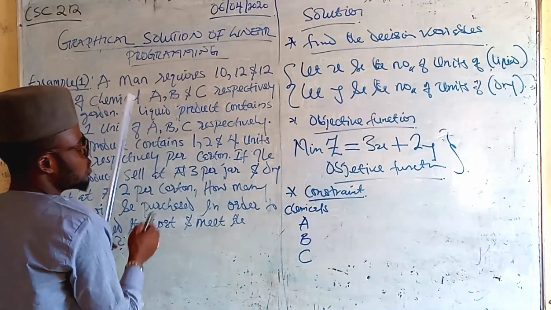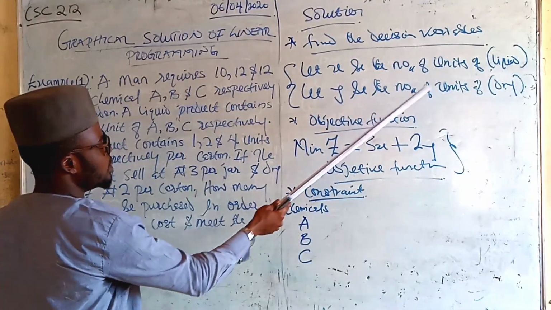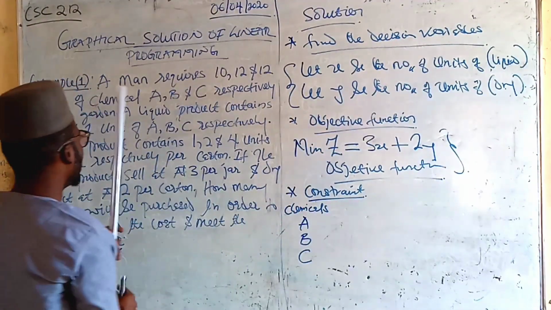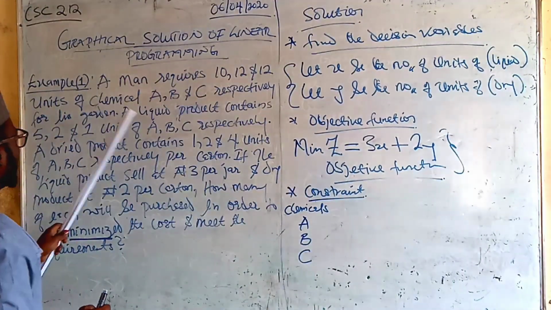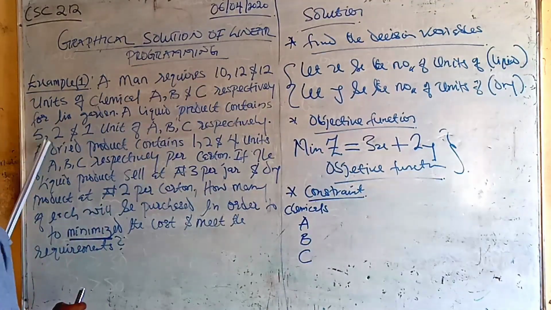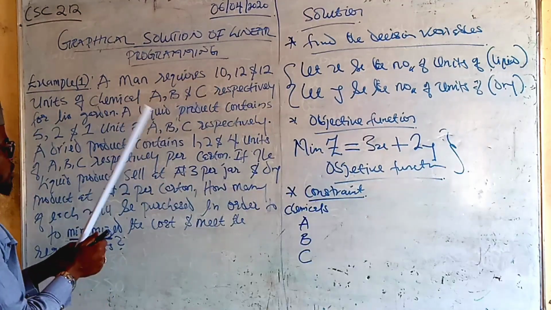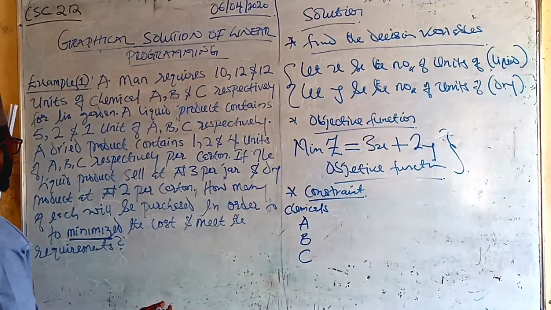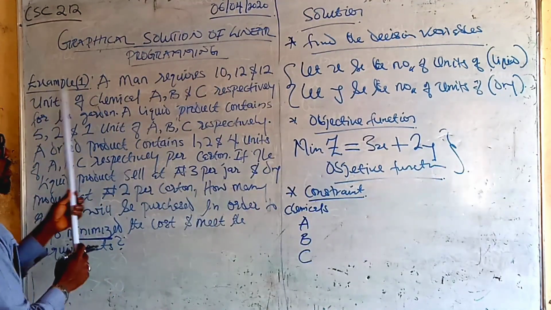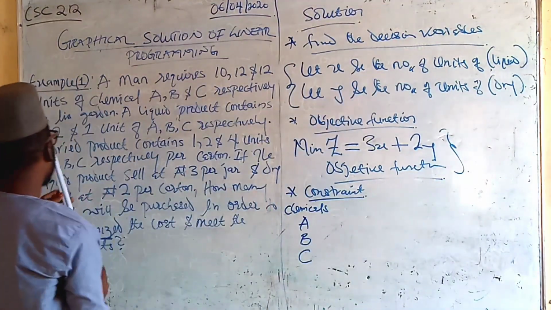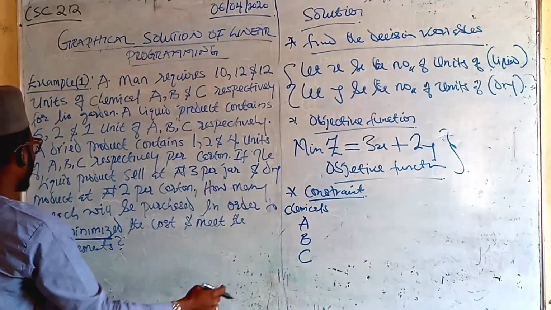So since X is the unit of liquid product, and it has been stated that a liquid product contains 5, 2, and 1 unit of A, B, and C, definitely the chemicals contain each of the liquid product.